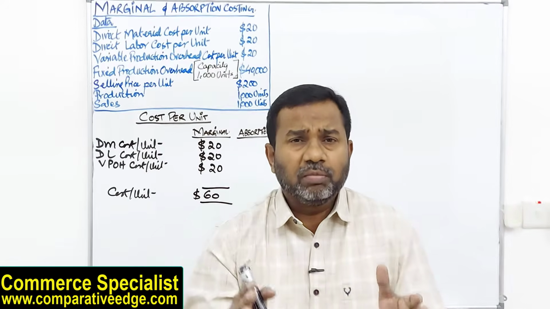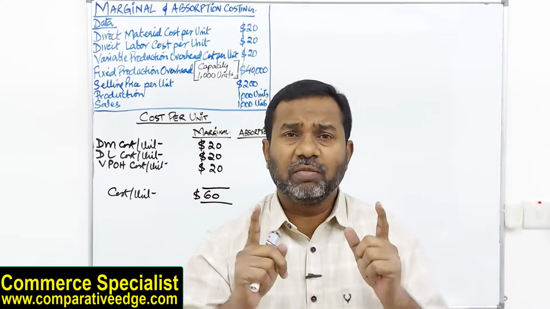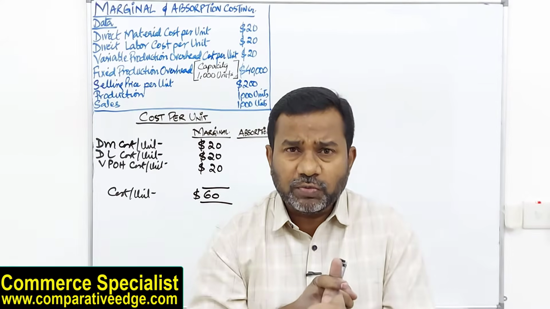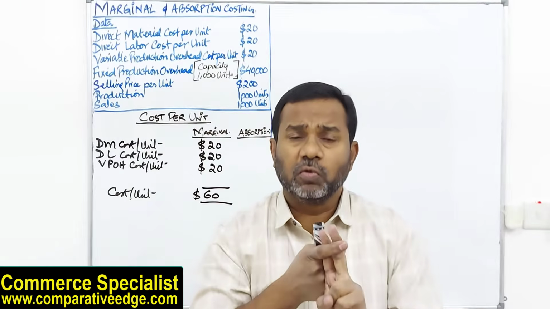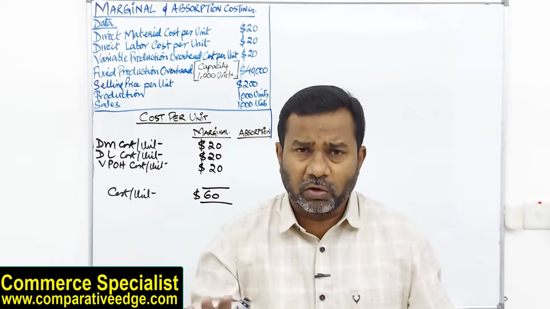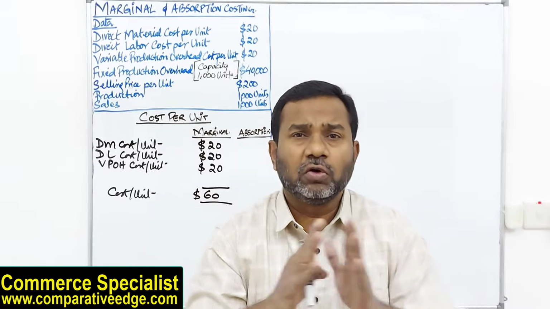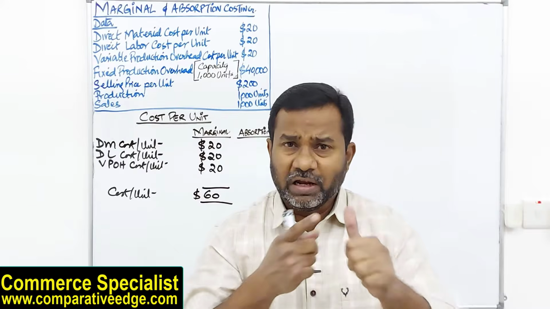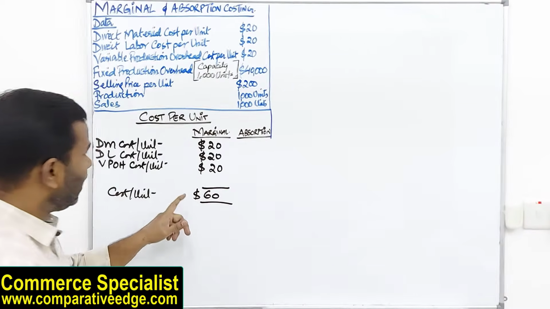But normally, most of the time, it is direct material, direct labor, and variable production overhead, and that's all about it. If you are given any other variable cost, do not include that. So you've got cost per unit under marginal costing.